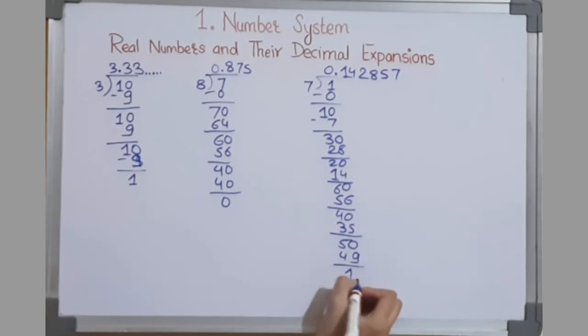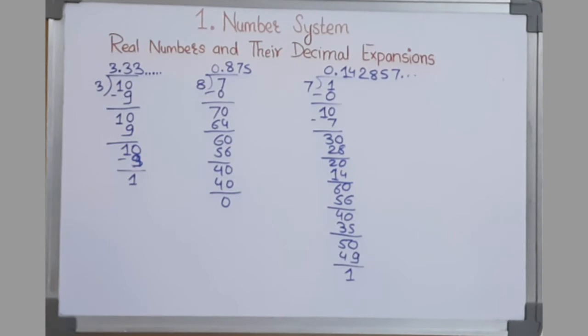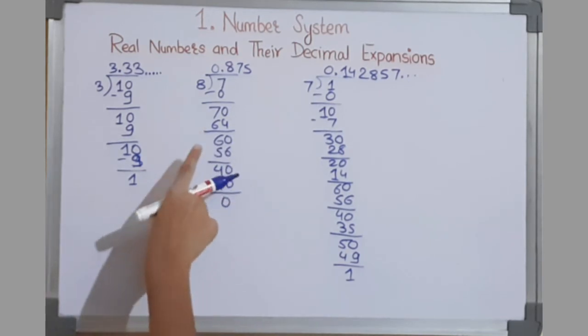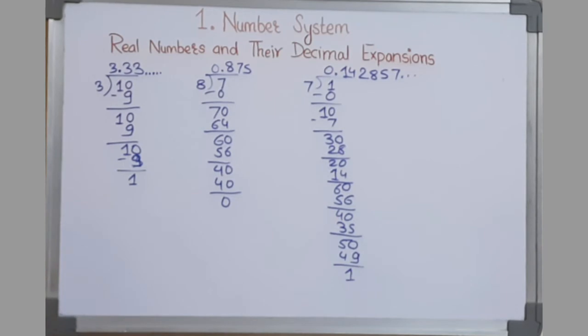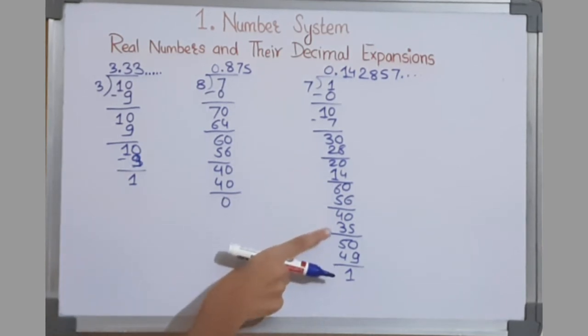Then 1. Again the same. Here we see that the remainder is coming 1 again and again. Here the remainders are 6, 4 and 0. And here the remainders are 3, 2, 6, 4, 5, 1.